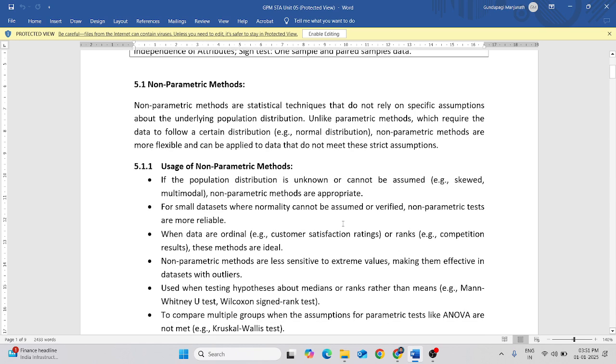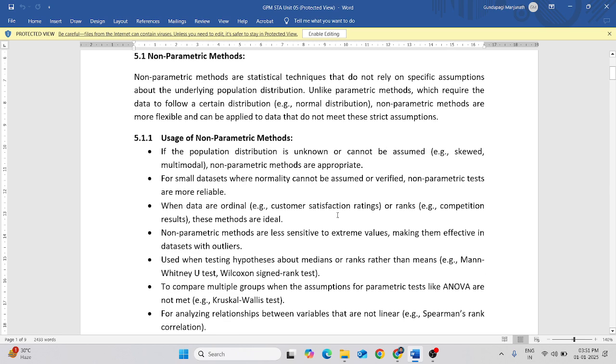If the population distribution is unknown, we can go for the non-parametric methods. If the sample size is less than 30, then we can go for that. And if the data type is ordinal, then we can use non-parametric methods.